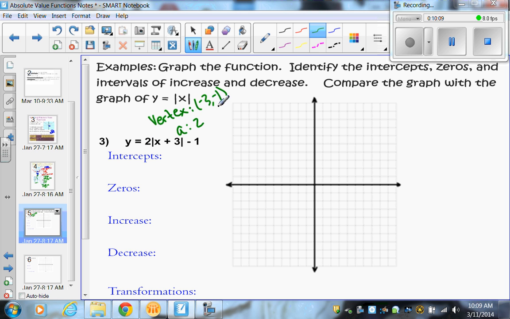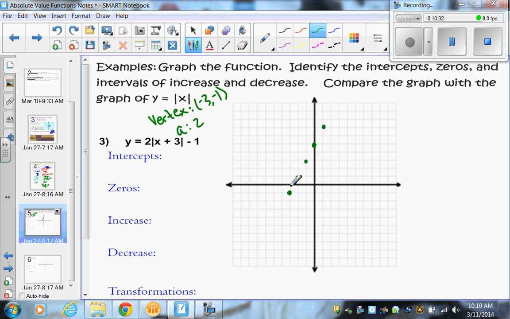So I'm going to graph the ordered pair -3, -1. And then my slope is 2, so I'm going to go from there, go up 2 to the right 1. And I'm going to do a couple of them on the right, mainly because I know I need my intercept, so I'm going to go at least until I cross the y-axis.